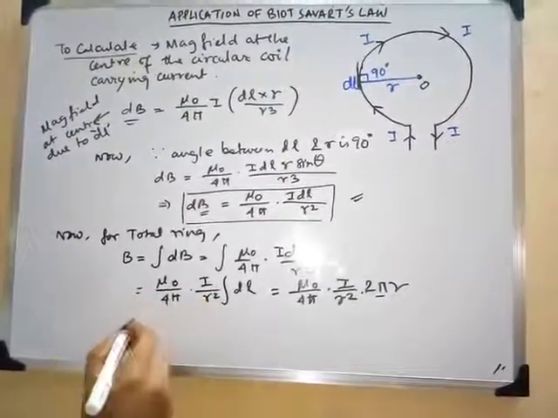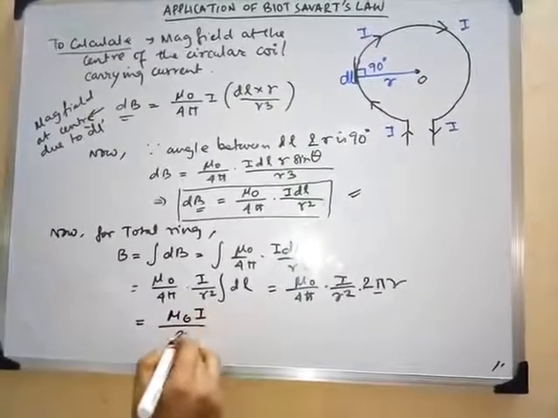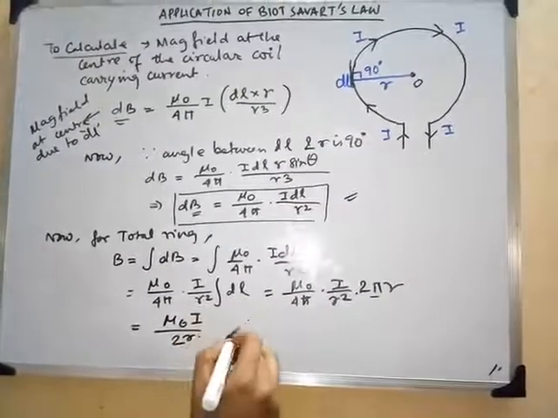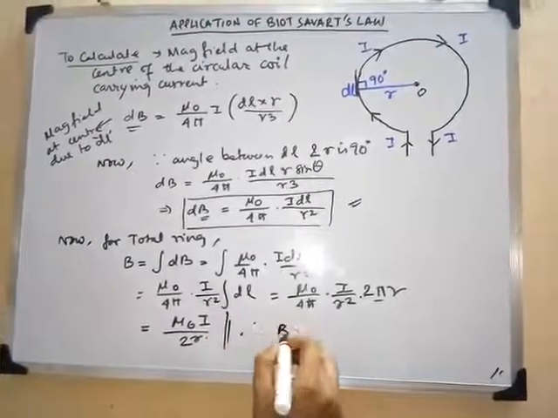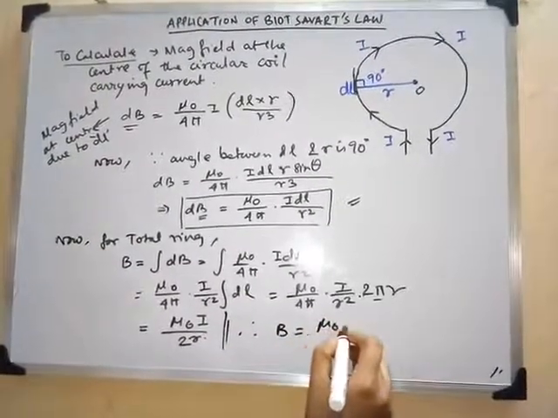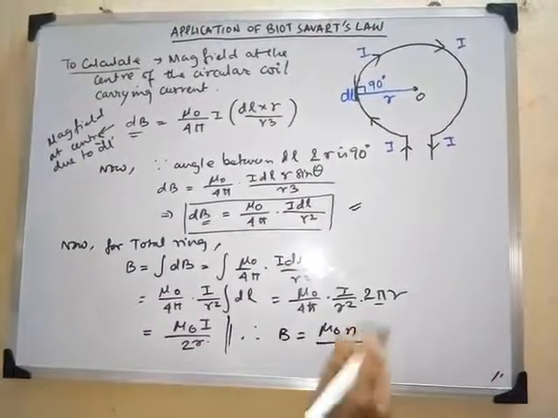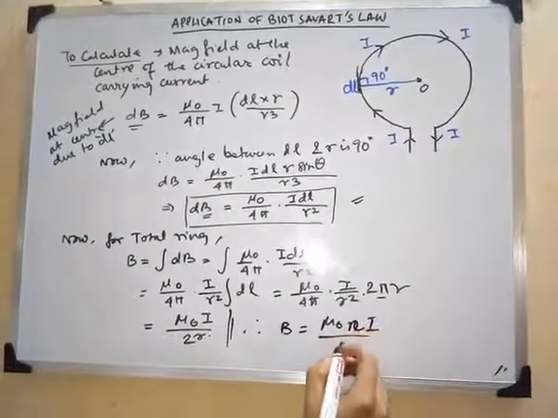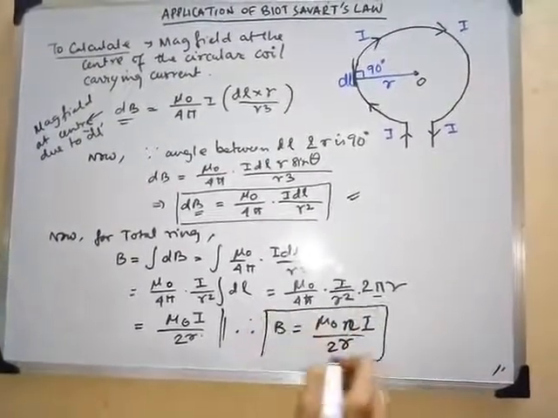So from here, it will come as mu 0 I by twice r, right? So up to this it is okay. So therefore we can write B is equal to mu naught n I by 2r, right? So this is your final expression of B.